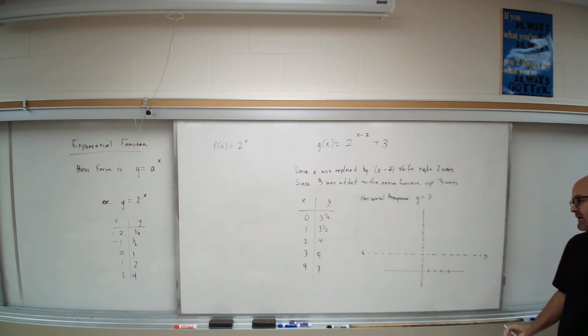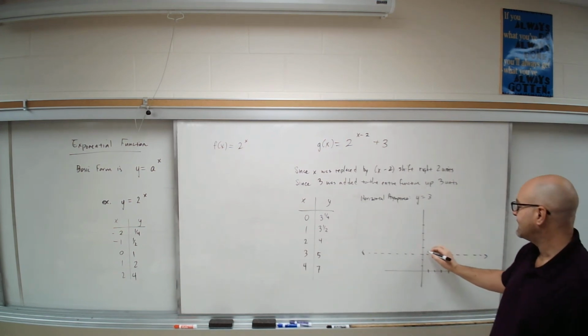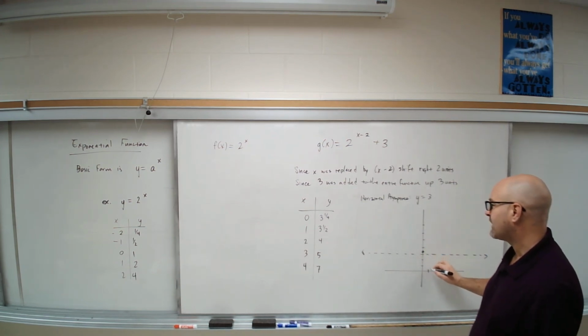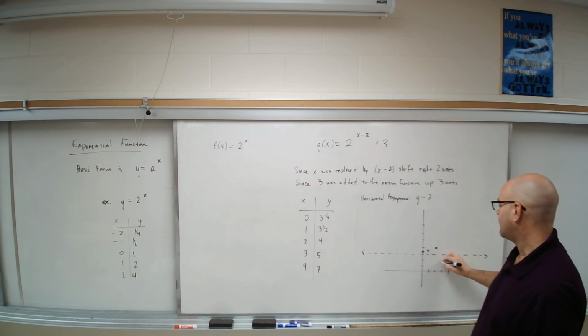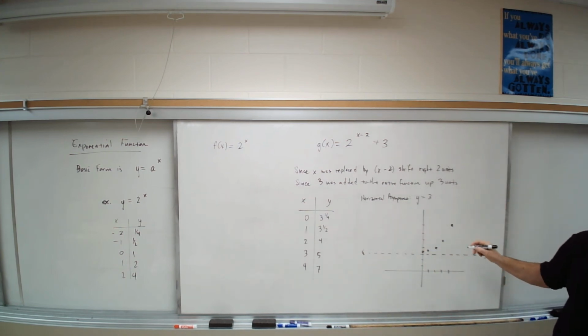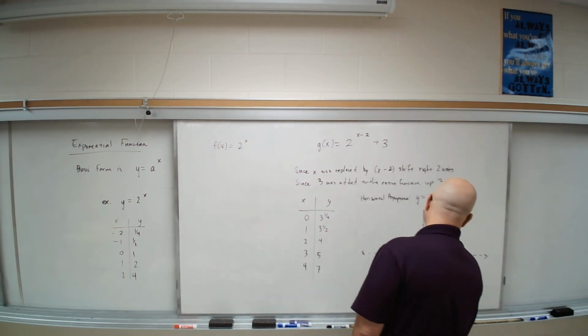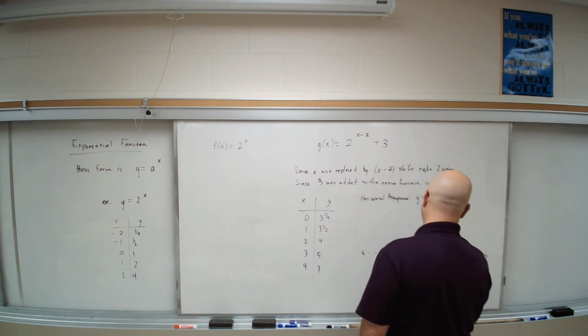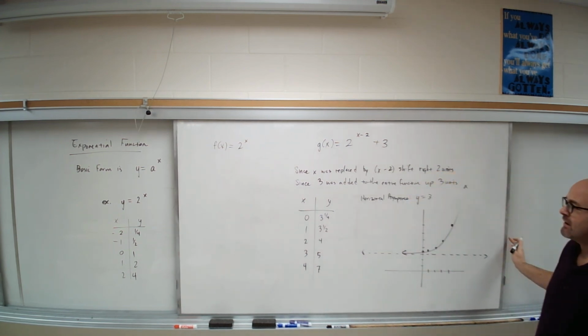And then from here, go ahead and plot these points: 0, 3 1/4; 1, 3 1/2; 2, 4; 3, 5; 4, 7. That looks like the same shape, doesn't it? Now we have different end behavior. So there we go with that one.